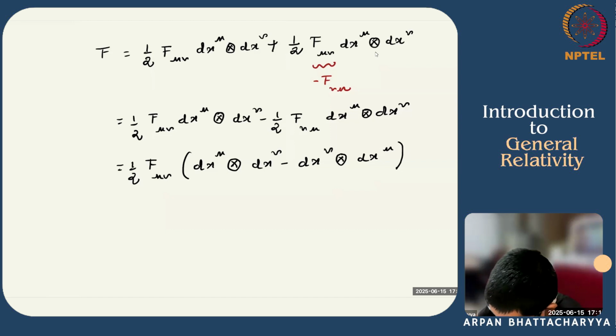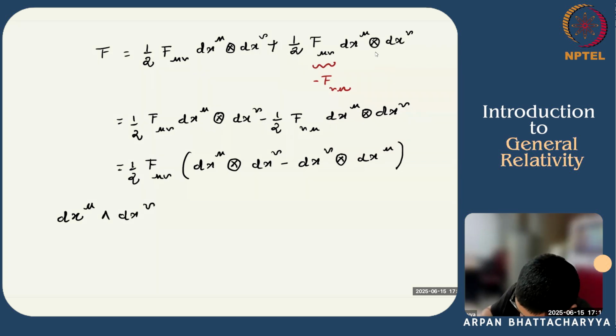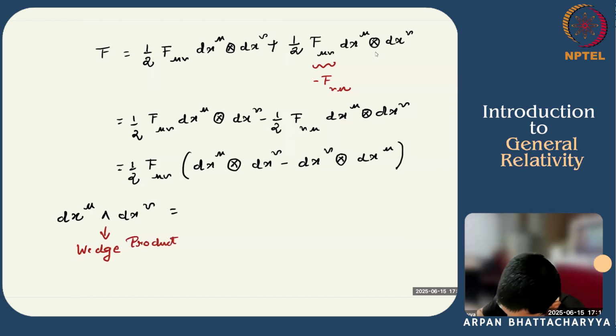In particular, we can introduce the following symbol for this antisymmetric combination, which we call the wedge product: dx^mu wedge dx^nu. This is nothing but the antisymmetric combination of these two elements.